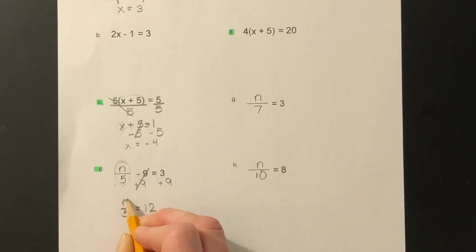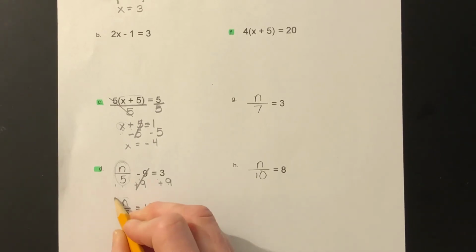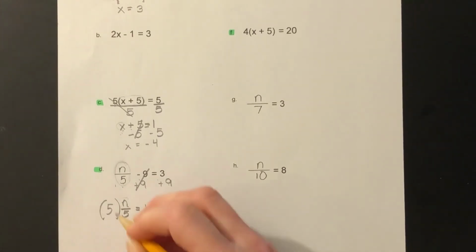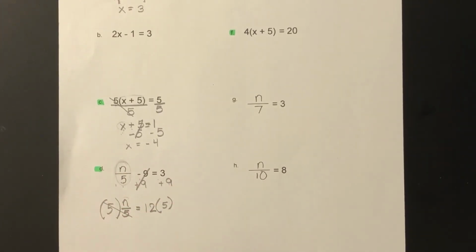Now, to get just the n by itself, we'll do the opposite. The opposite of divide by 5 is times 5. We will multiply both sides times 5. That cancels out. We have n equals 12 times 5 is 60.